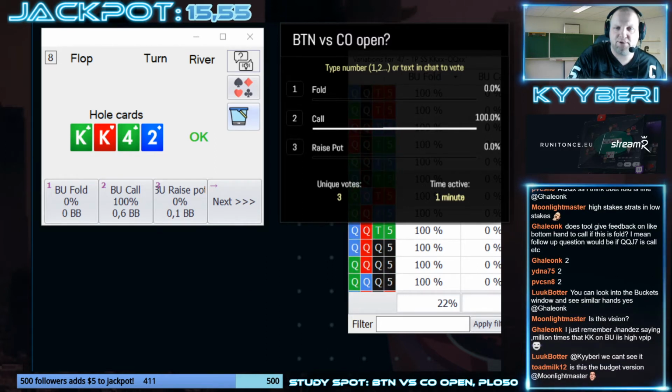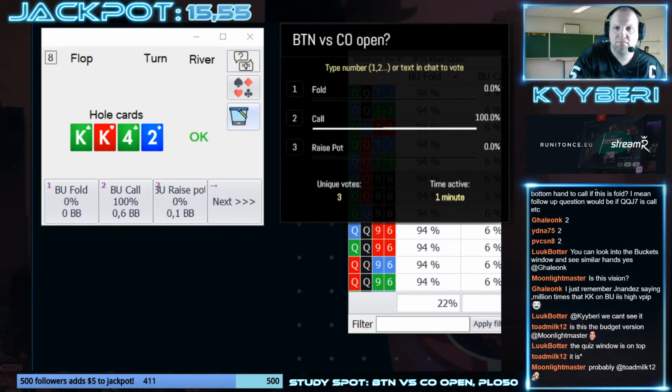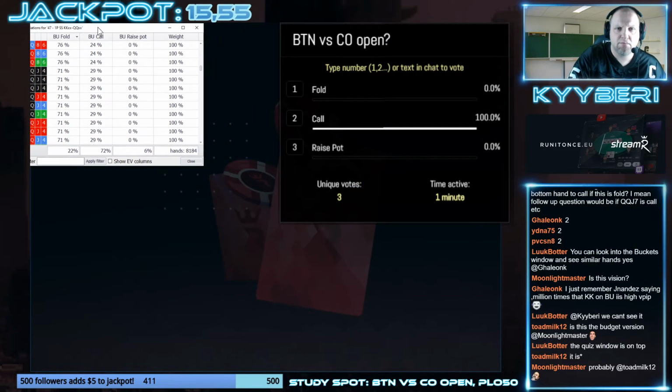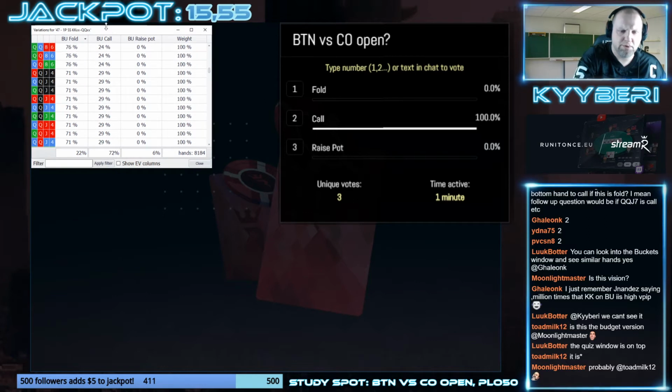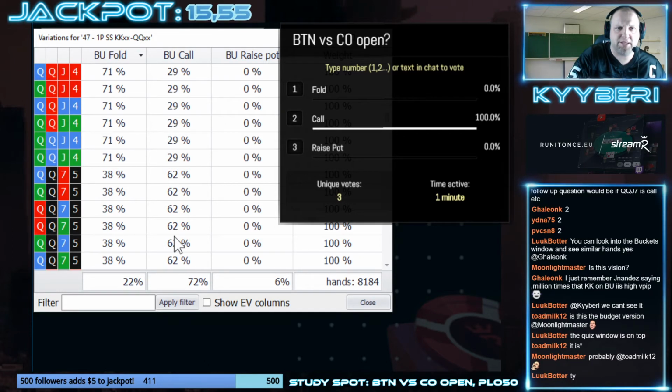Yeah, really disconnected single suited ones, trips. Okay, now you can see it better. Sorry for that. So we can see that the threshold starts to be somewhere around here. Even queen, queen, jack, 4 double suited is fold 71% of times.